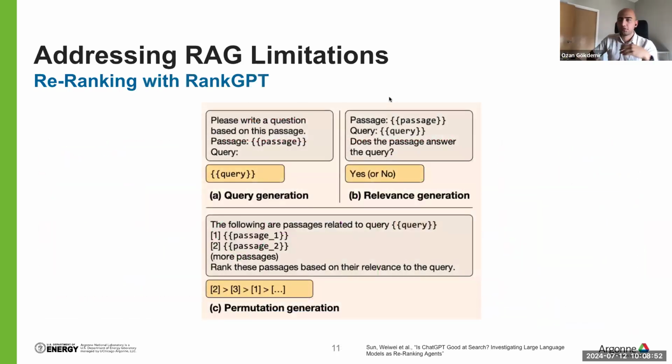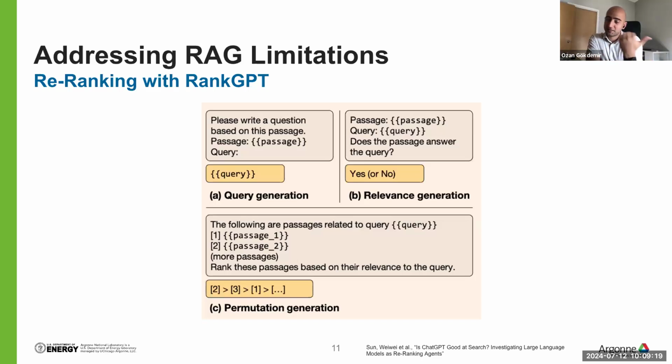One, you take each retrieved chunk, and you feed them into an LLM. This is an intermediary LLM, okay? And that preferably runs pretty fast. Then you ask it this question: please write a question based on this passage. So you're reversing the problem, you see? You're not trying to write an answer given the passage.